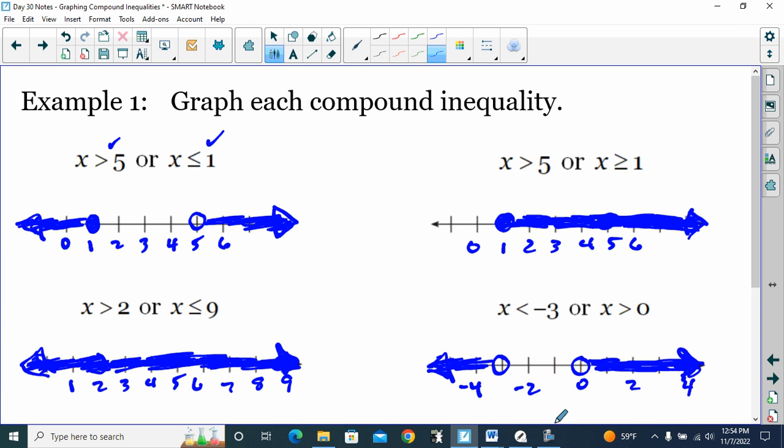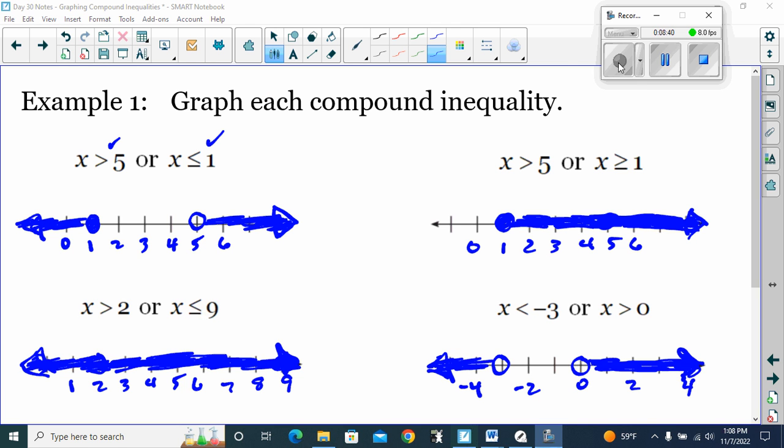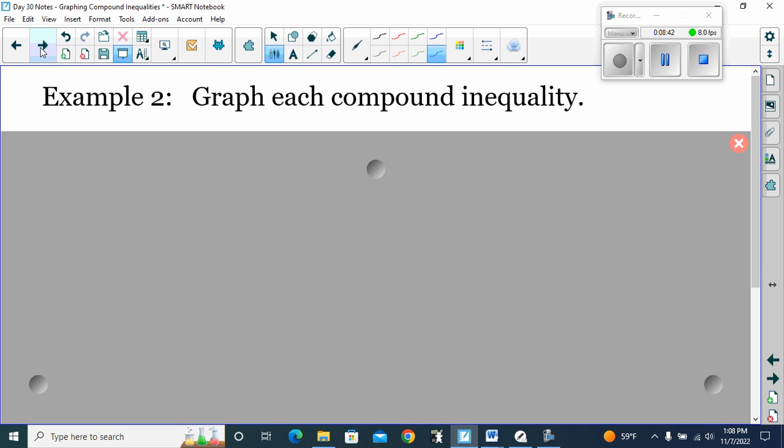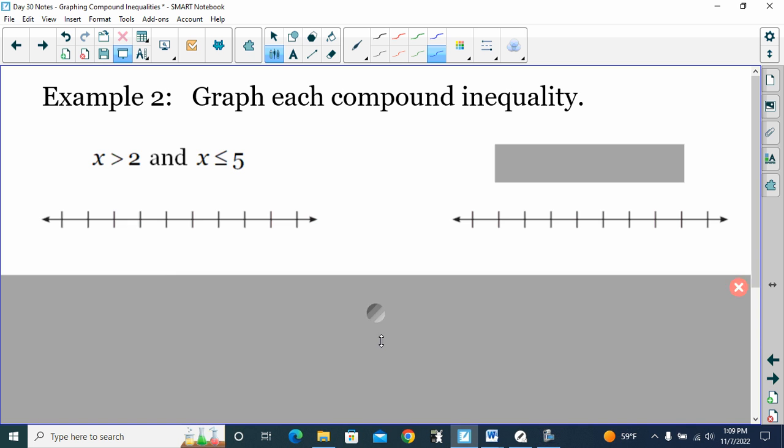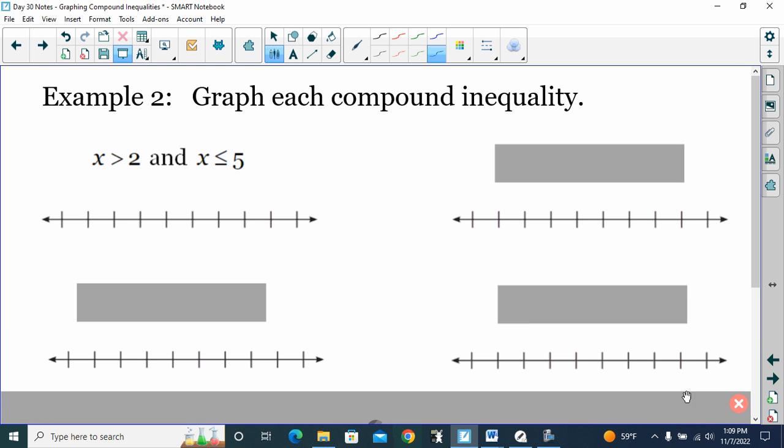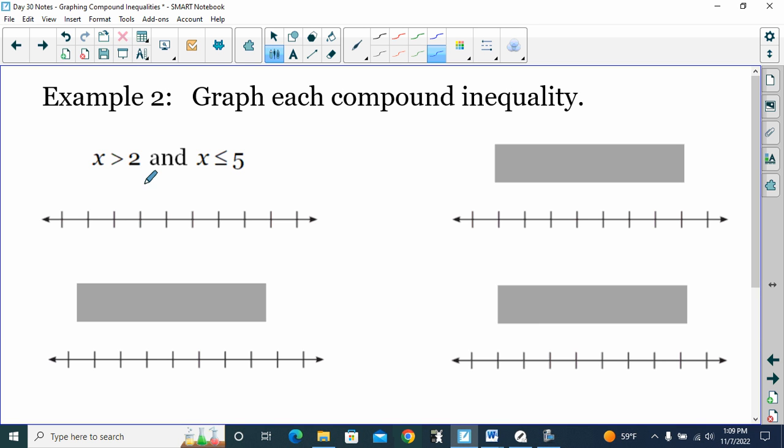Let's move on to and statements. So example 2, again, we are asked to graph each compound inequality. And this time we have and statements. X is greater than 2, and X is less than or equal to 5.